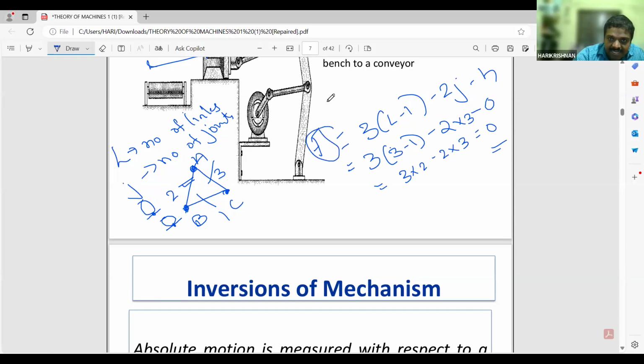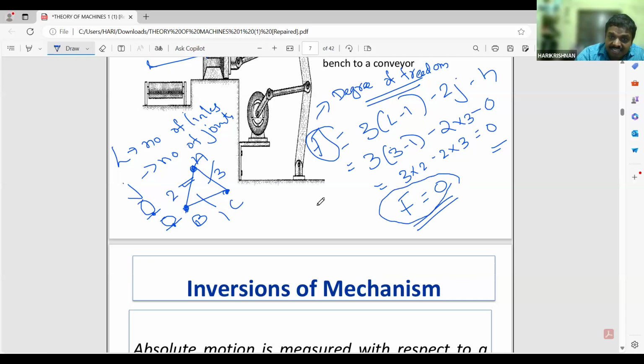What is F? F is the degree of freedom. So this degree of freedom F is 0. Degree of freedom 0 means that it is a structure. What are structures? A railway bridge is a structure.